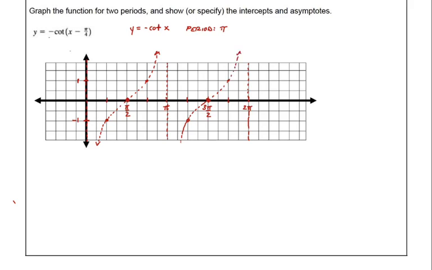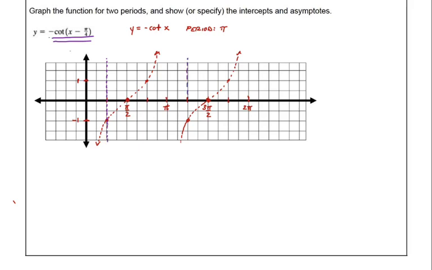Now what I want to do is take that function and shift it to the right pi over 4. So I'm going to erase the vertical asymptotes just to clean up the graph a little bit. And then I'm going to shift my vertical asymptote from 0 to pi over 4, which works out nicely in this case because pi over 4 is actually 1 tick mark on my x-axis, because I was counting by pi over 4s.